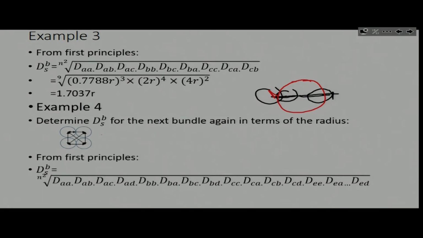So that will be the n squared root of the self distance of each one of them, self GMR, and then the distance from A to B, A to C, and A to D for all of them.